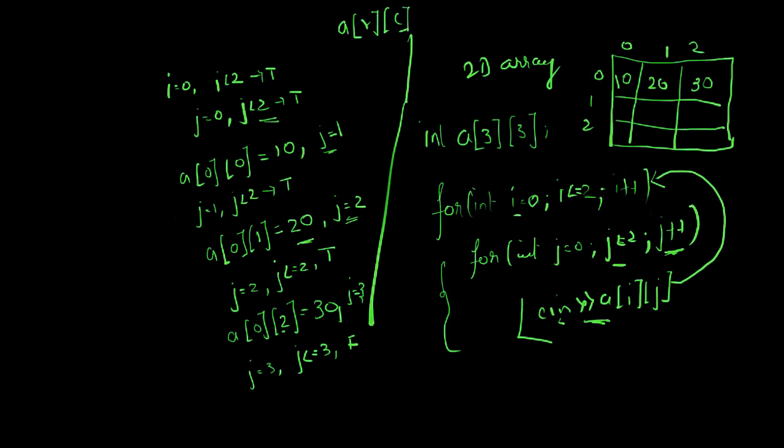Now after terminating this loop, it goes to the outer loop, because till the value of i is 0, this outer loop is still valid and it didn't become false. So now once this loop gets terminated, the value of i will be incremented to 1. So what happens when the value of i is 1?